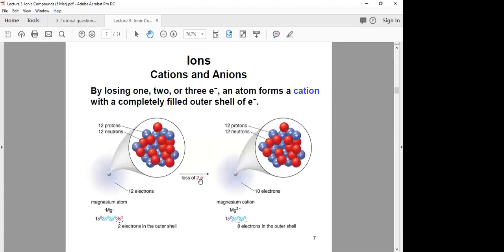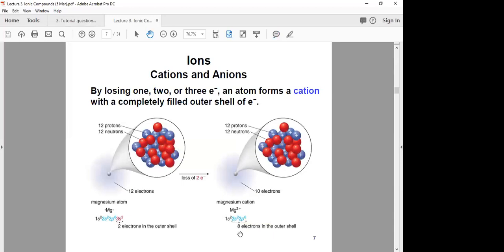And that's what magnesium tends to do very readily, loses those 2 valence electrons to form the magnesium cation, which has 12 protons and only 10 electrons. So 2 electrons short of being neutral, and that's why magnesium forms this Mg2+, the magnesium cation, because of the loss of 2 electrons.